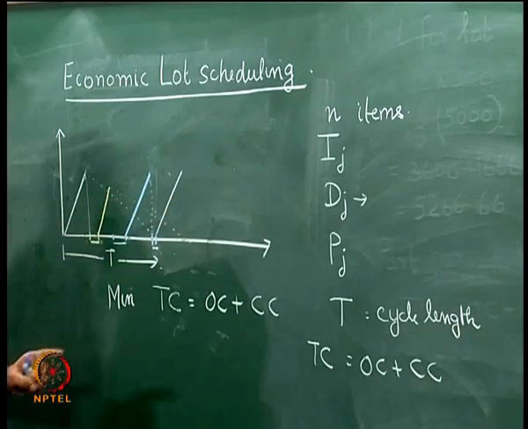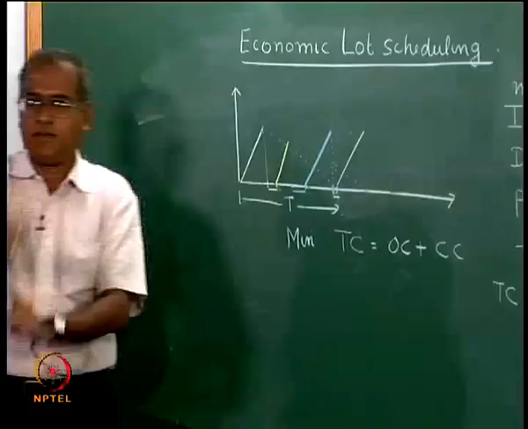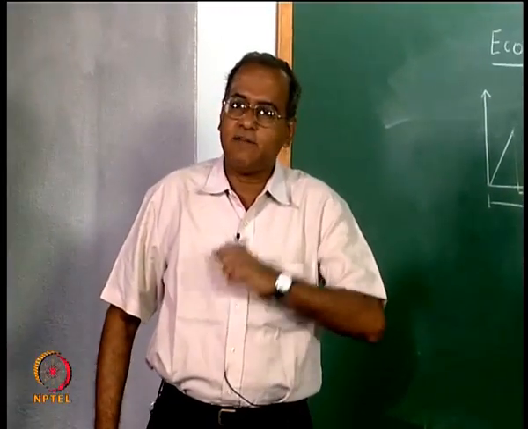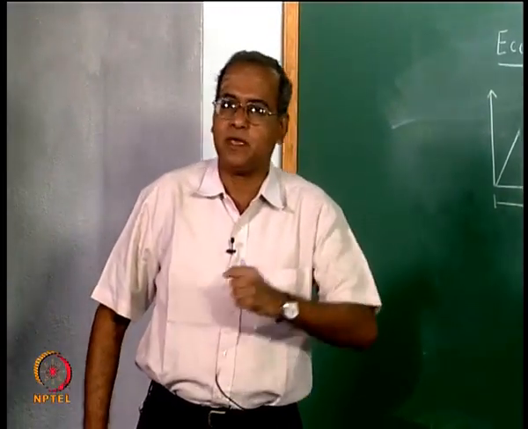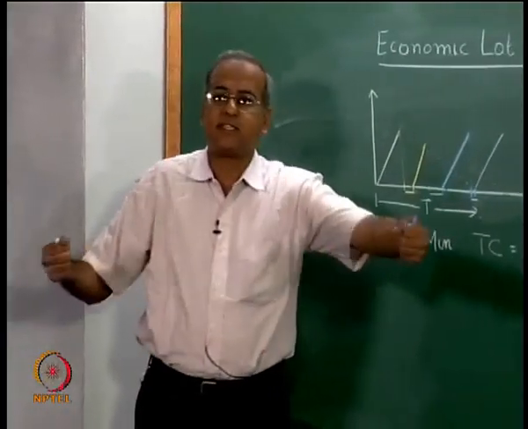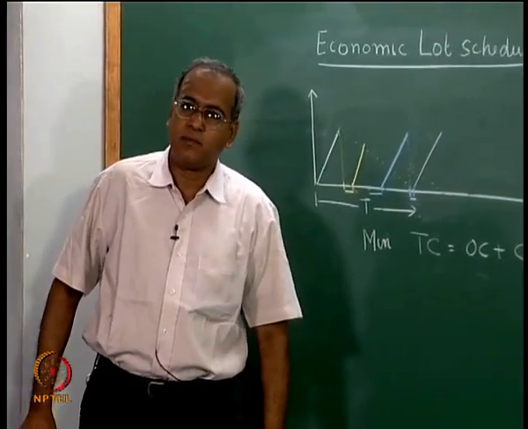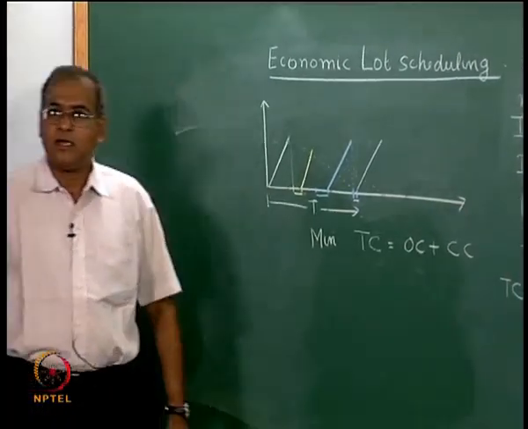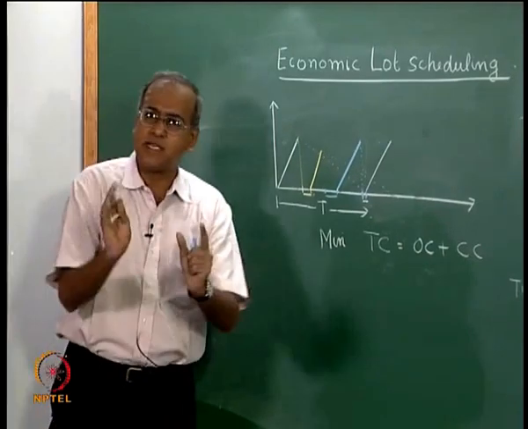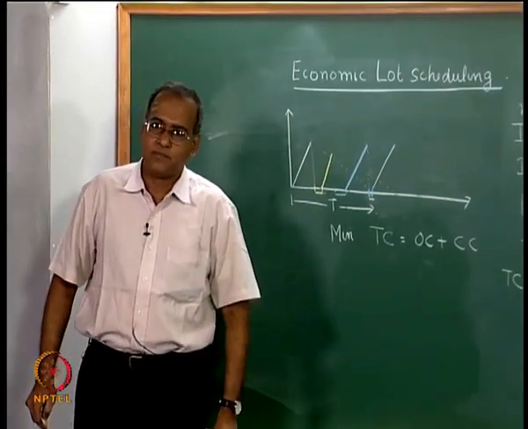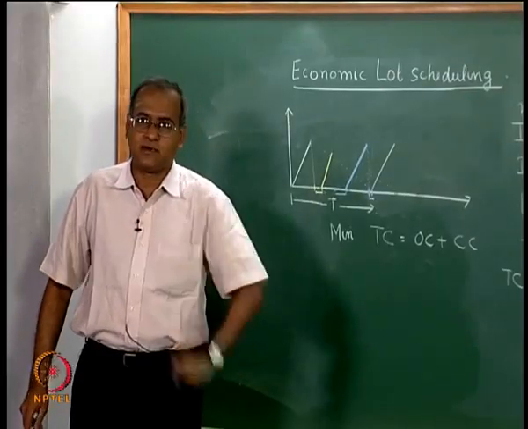The modification here is if I have a certain amount of inventory, my initial inventory is also going to help me in some way to stretch the T, the cycle. It will help me in defining the cycle, and then in some sense I would like to have longer cycles.